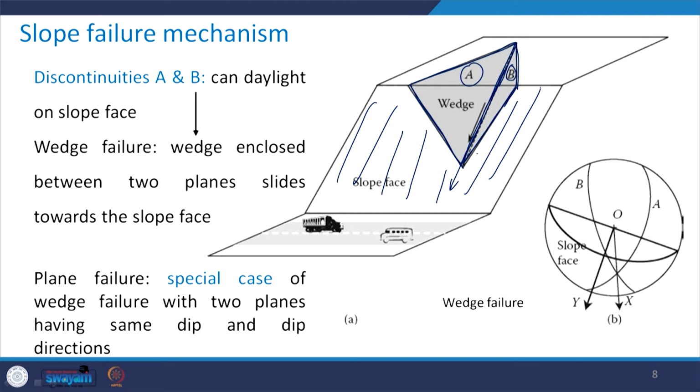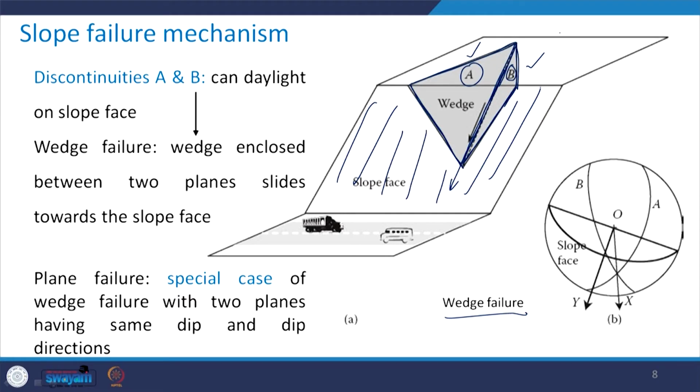In case of the plane failure, it was only one discontinuity along which the sliding was taking place, but here you have two planes, and the whole wedge formed in between these two planes will have the tendency to slide towards the slope face. So, this type of failure is called wedge failure.